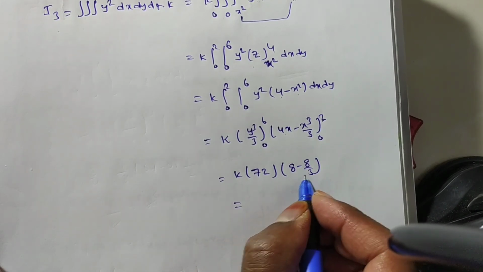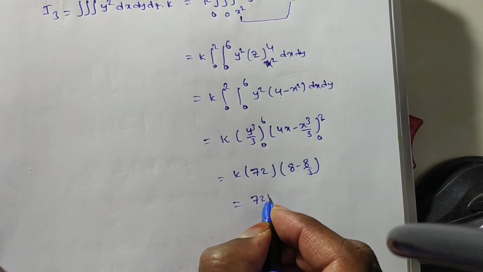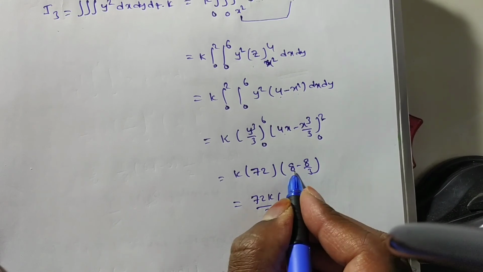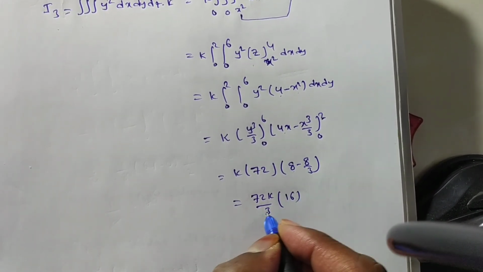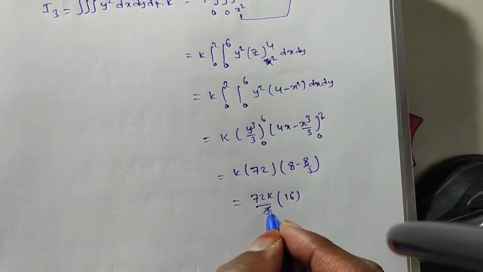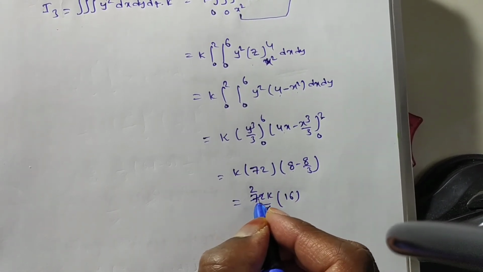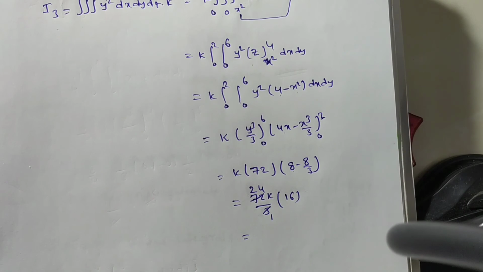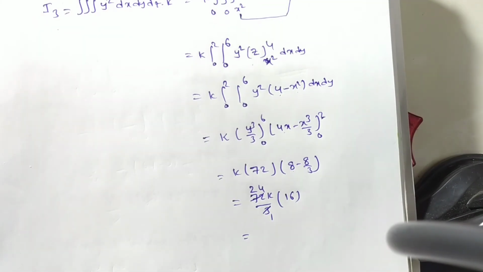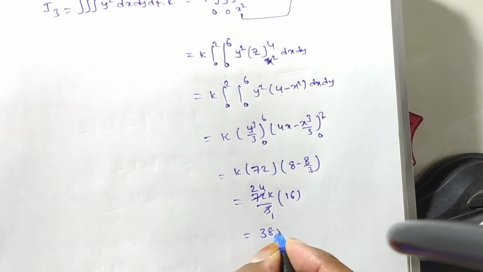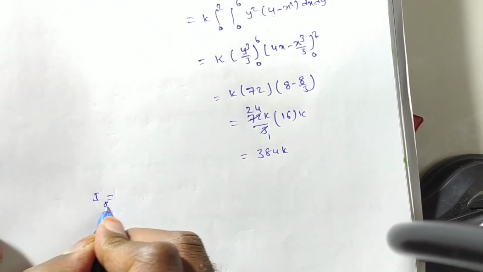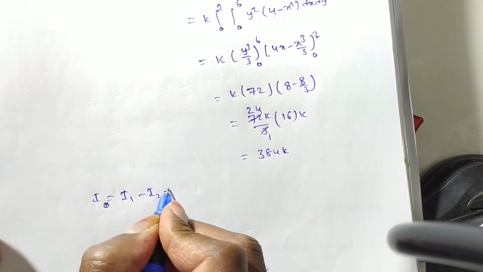So this is 72k by 3 times, 24 minus 8 is 16, so 24 times 16, and this value will be 384k.